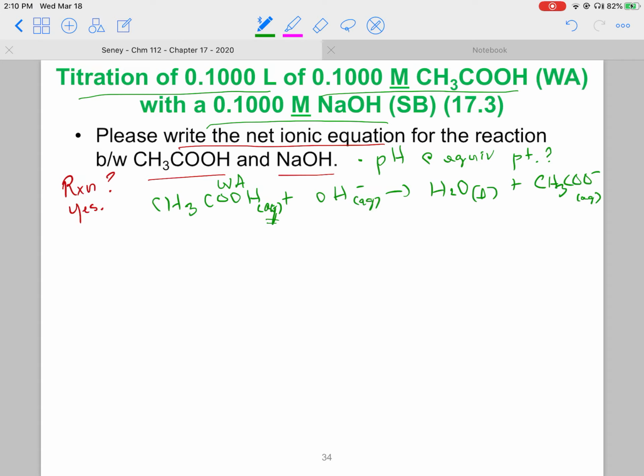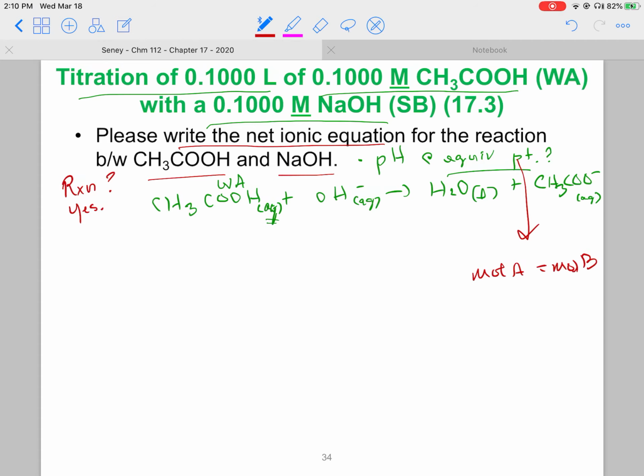The first question we should ask outside of the reaction is, what does equivalence actually mean? When we talk equivalence point, we're really referring to the fact that the moles of the acid equal the moles of the base.